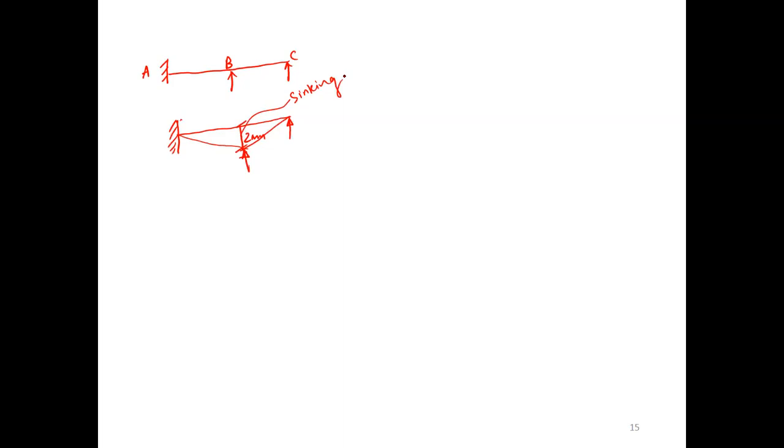Or I may say support C rises by 2 mm. In that case, you have to take it like this: support B sinks by 2 mm, now it will come down here by 2 mm and then it goes to here. So this is called rising and this is called sinking. However they may set it, you have to observe that supports will always sink or rise in the case of beams.